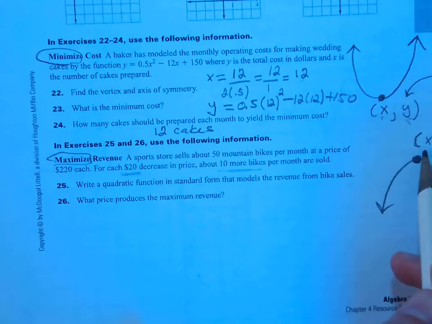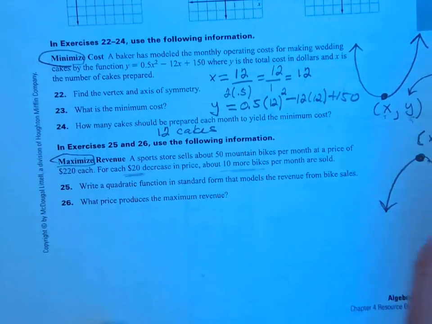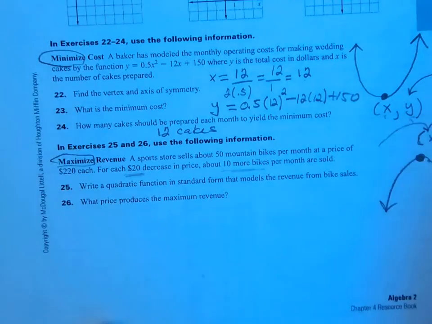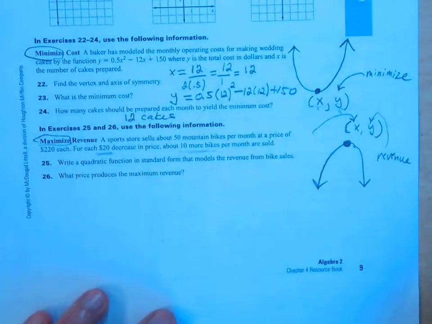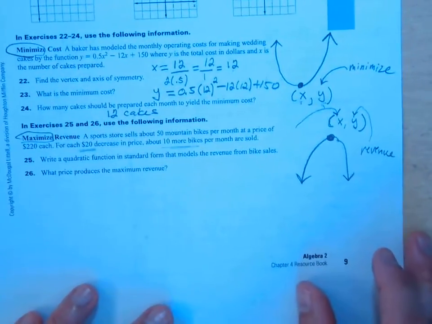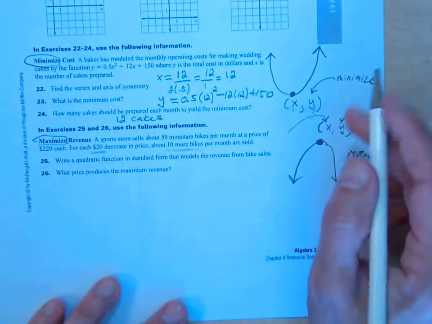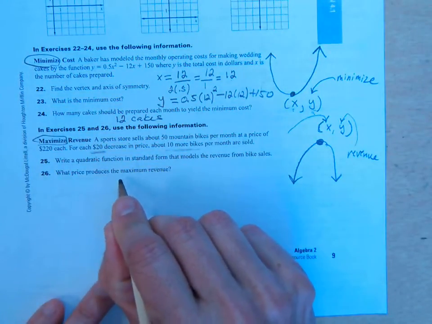So what's the number of bikes? So Y is going to be the revenue. We always talk about X and Y, but we never talk about what they mean. So let's use the space over here. So Y is the revenue. X is the, we want to know what price gives maximum revenue.